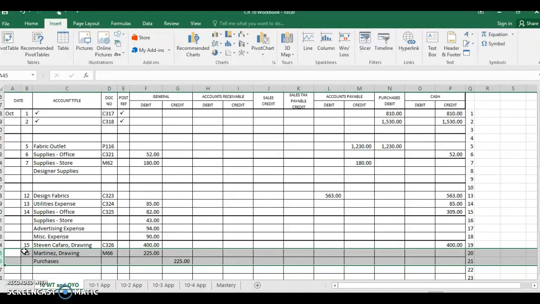Don't just look at it and assume that they're taking cash out. It could be the two. So keep that in mind. While you do that, practice with the on your own, which is set up the same way. We have an advertising expense, we have a petty cash, and we have some drawings. So take your time. You will be fine. That should end you on line 30. If you did it correct, you should get down to line number 30. Good luck.